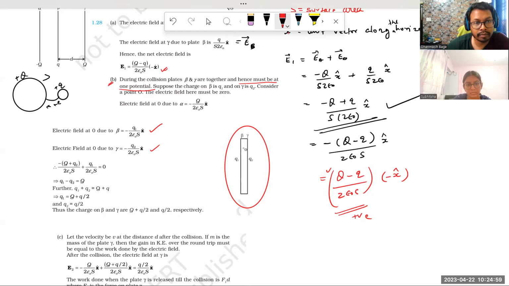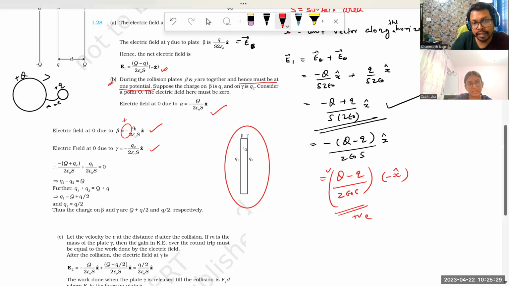Due to alpha it would be in the negative x direction, that is correct. But for beta, this is wrong, a little bit wrong here. The negative sign is given, it should be positive. That is one mistake here.